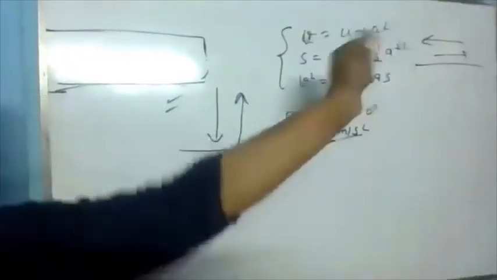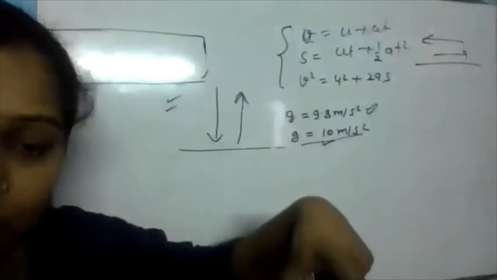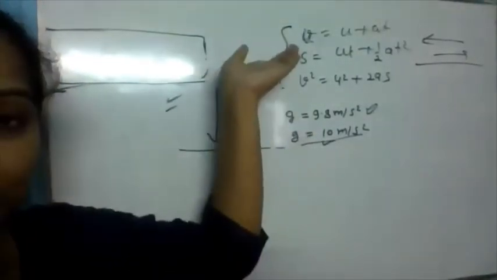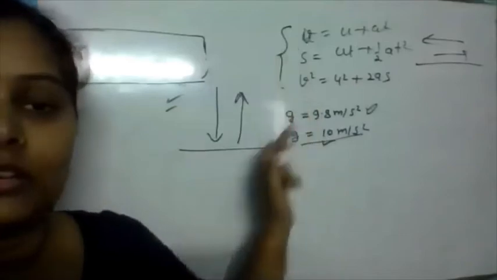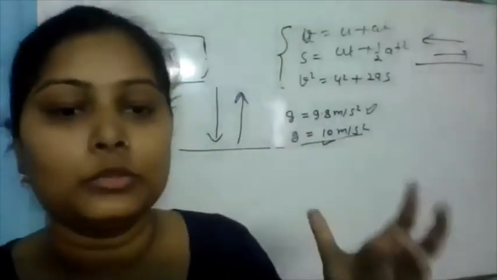So when we talk about the motion towards the earth or vertically outwards from the earth, then the gravitational force plays a role, and the object feels acceleration due to gravity.